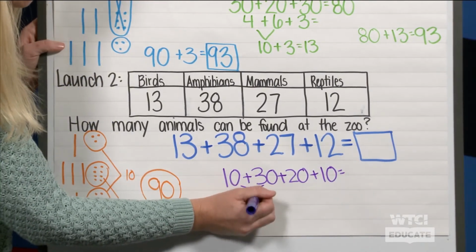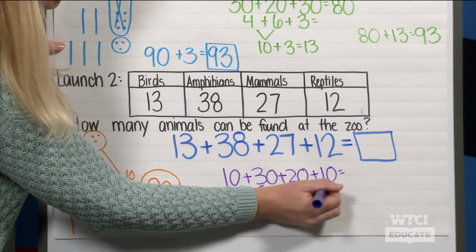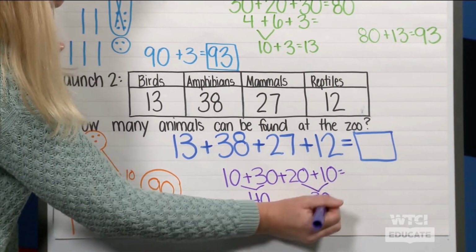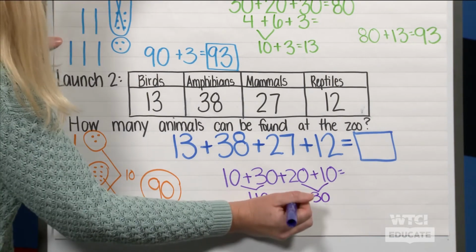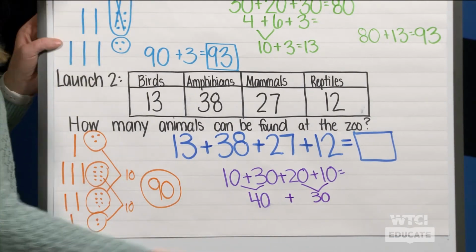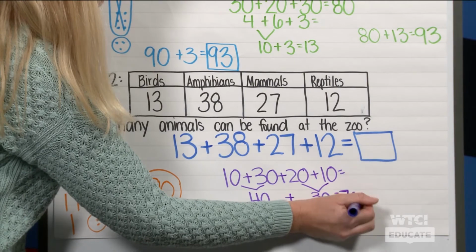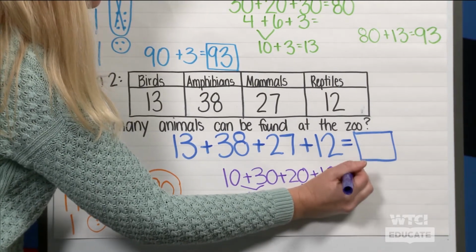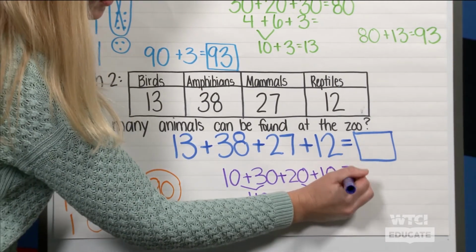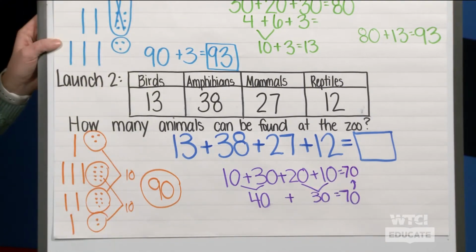Did anybody else add just 2 of them together to make it a little bit easier? I like to chunk them up a little bit too. 40 and 30 is 70. And so now I know that that is 70 as well. I can move them around to make them easier to add.